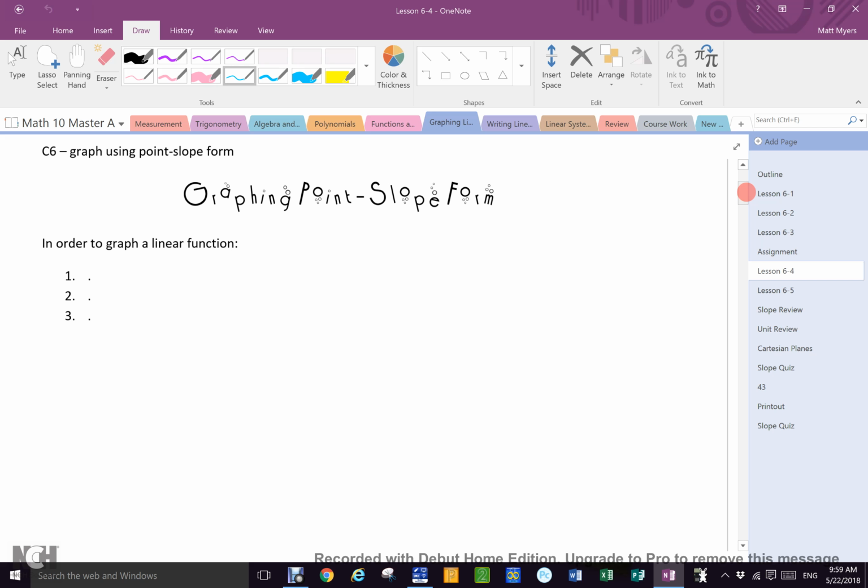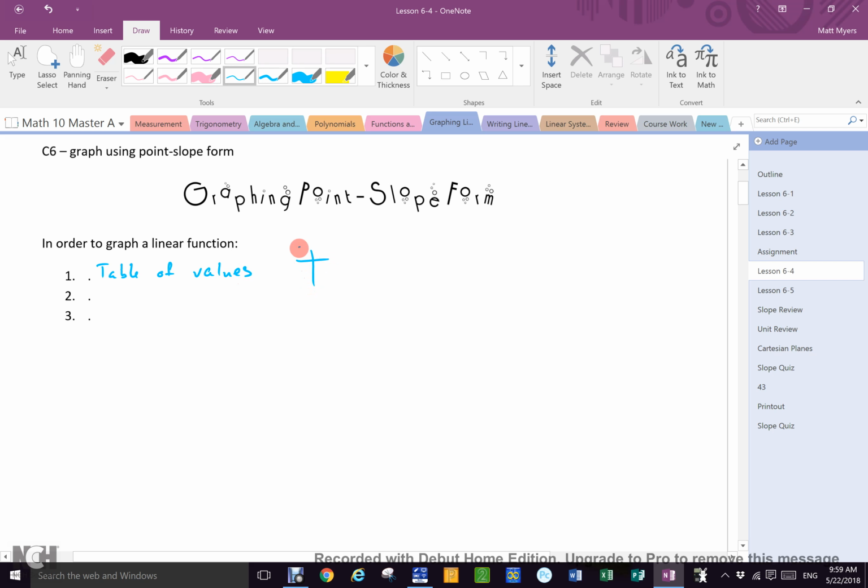If I were to ask you to graph an equation, you now have 3 ways you could do it. Yes? Right? 1, you could make a table of values. Right?